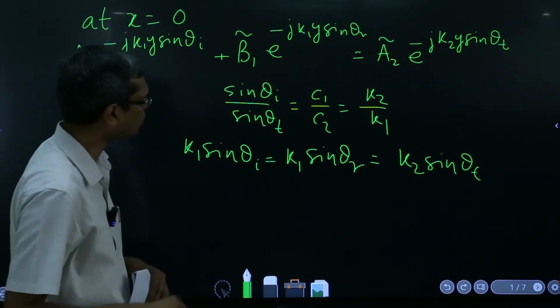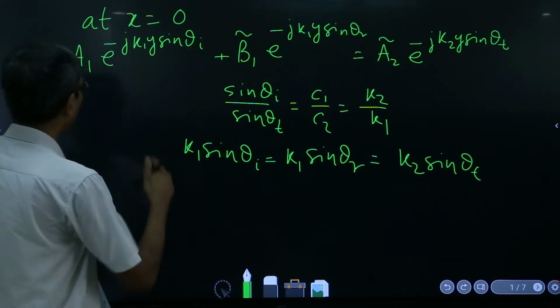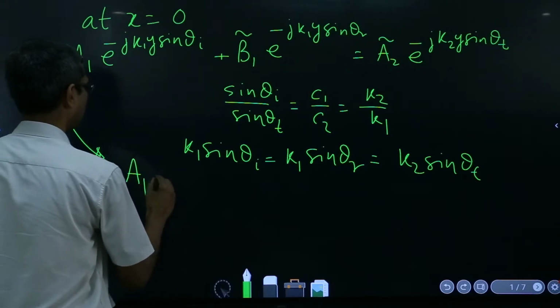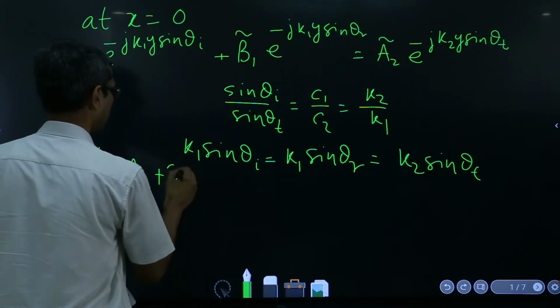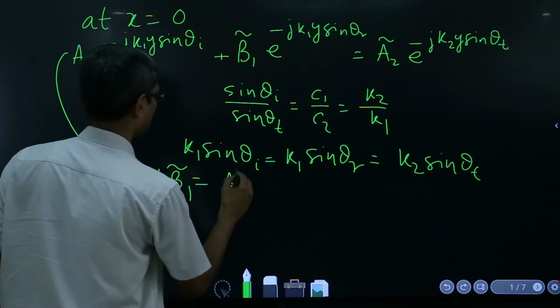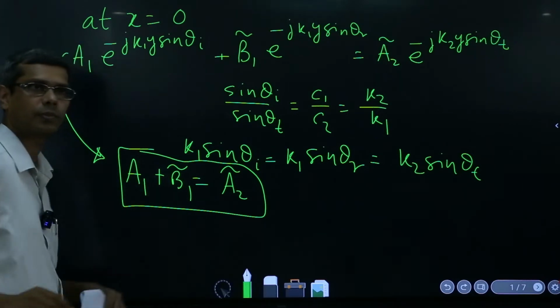So the exponents are all equal. So that gives you simply A1 plus B1 is equal to A2. Fine.